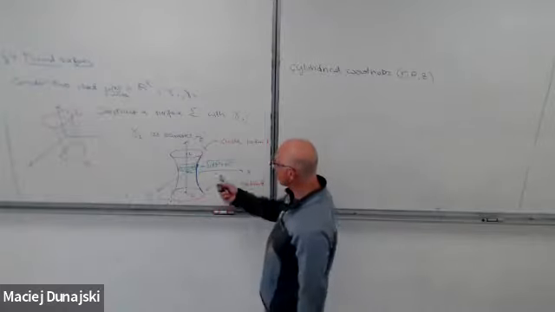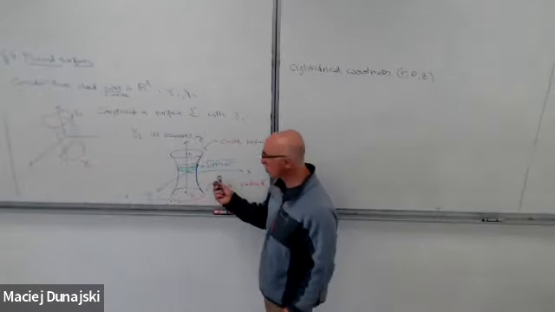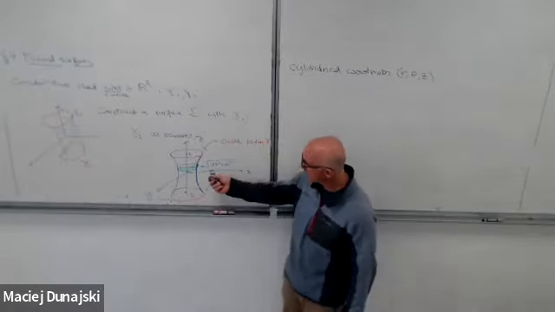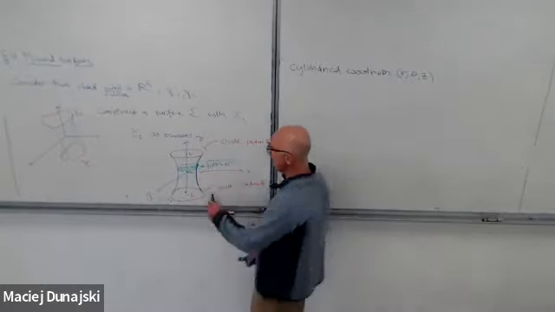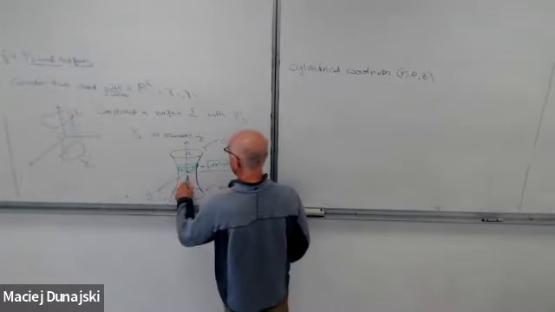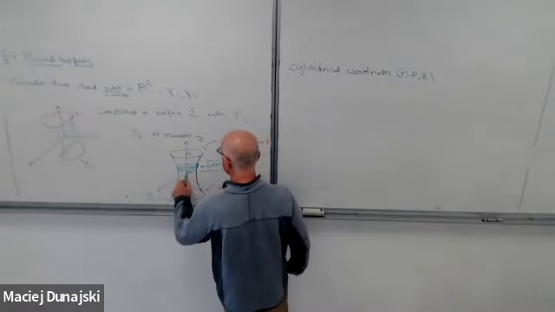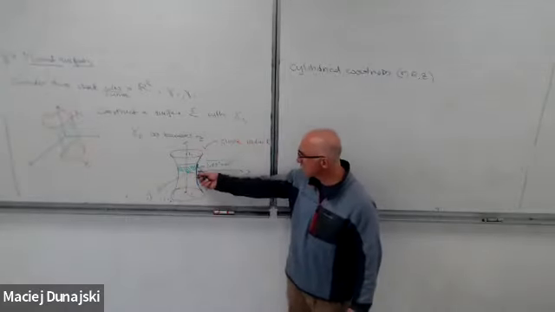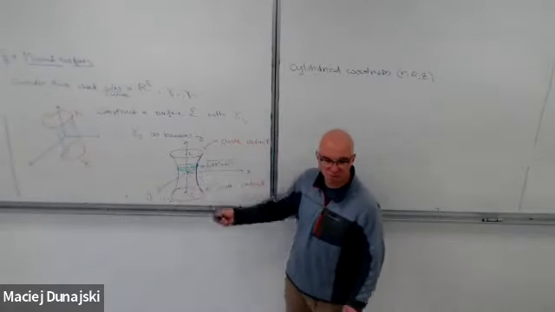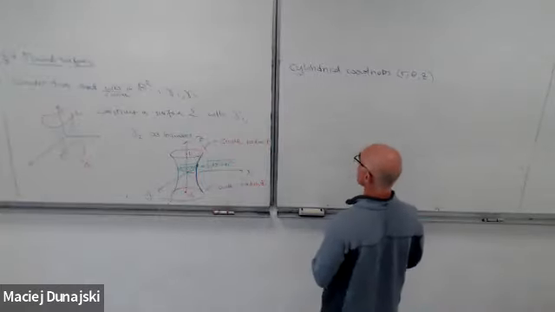Try to understand why: z goes up and r measures this distance, so this block is dz squared plus dr squared.